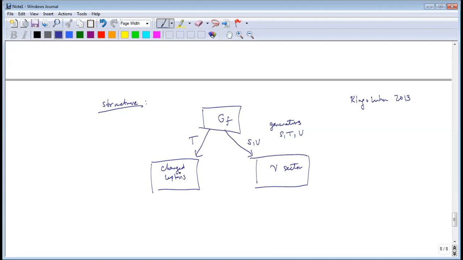How this can happen is we have to introduce a set of flavons, I'm going to call them phi_L for the charged lepton part, and a set of flavons phi_nu for the neutrino sector. So they need to be 2 separate sectors that are somewhat sequestered from each other. So you break the group down to different subgroups in the 2 sectors.